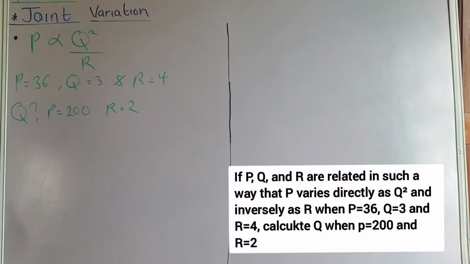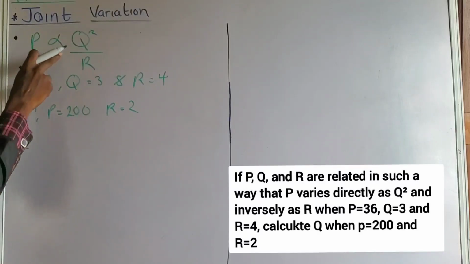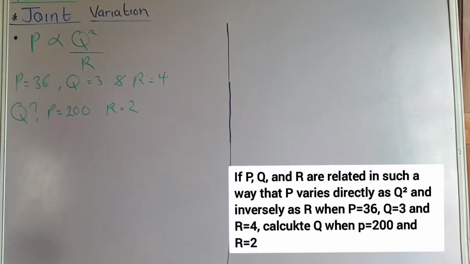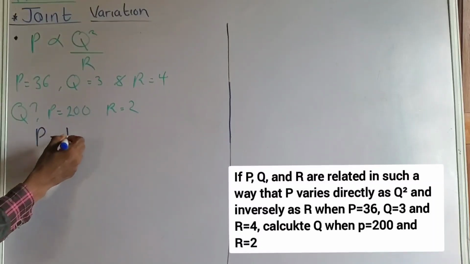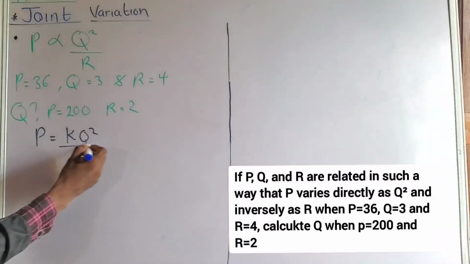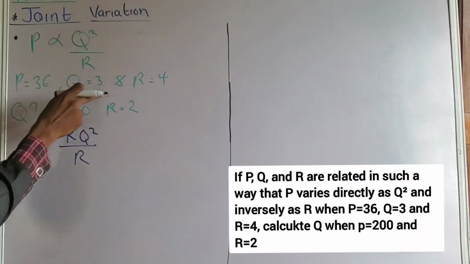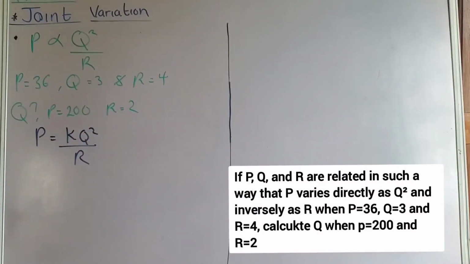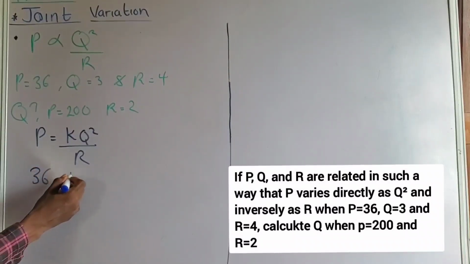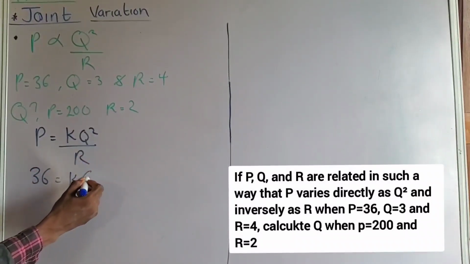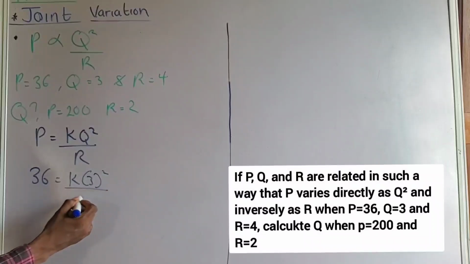Now, the first step is to change this variation sign to an equals sign by introducing a proportionality constant. So p is equal to kq squared all over r. You understand? Okay. Now, with respect to the first values that were given, we can calculate the value of k, which is the constant. So I'm going to have 36 is equal to k times 3 squared all over 4.